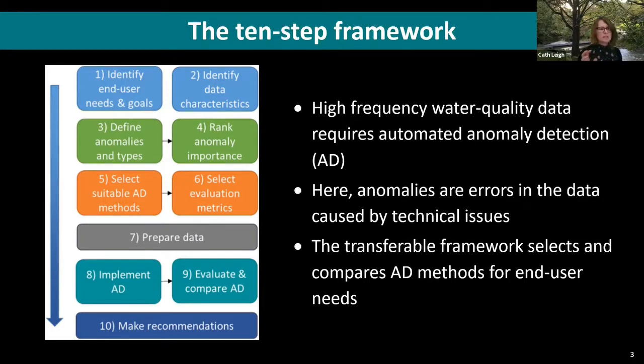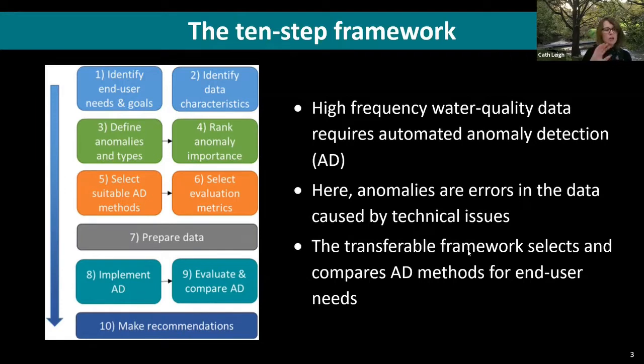And so we're distinguishing them from what might be real water quality events, which statistically may appear like an outlier or anomaly, but for the purposes of this presentation and for a lot of the work today, we are using the term anomalies in association with those errors in the data caused by technical issues.